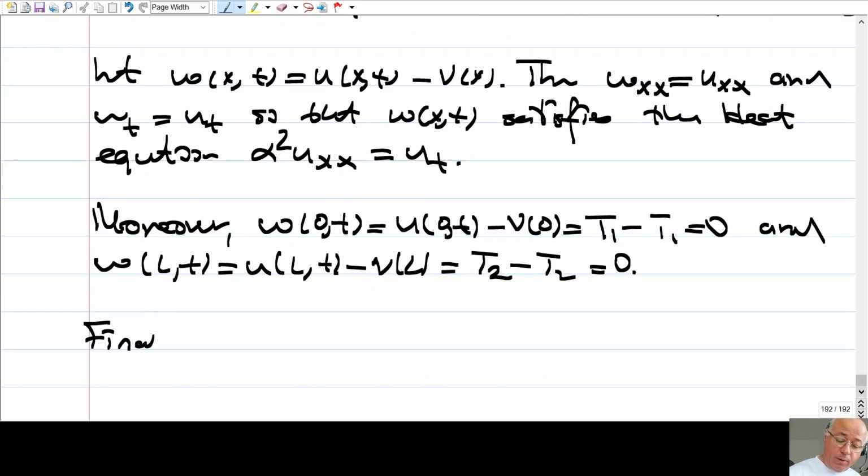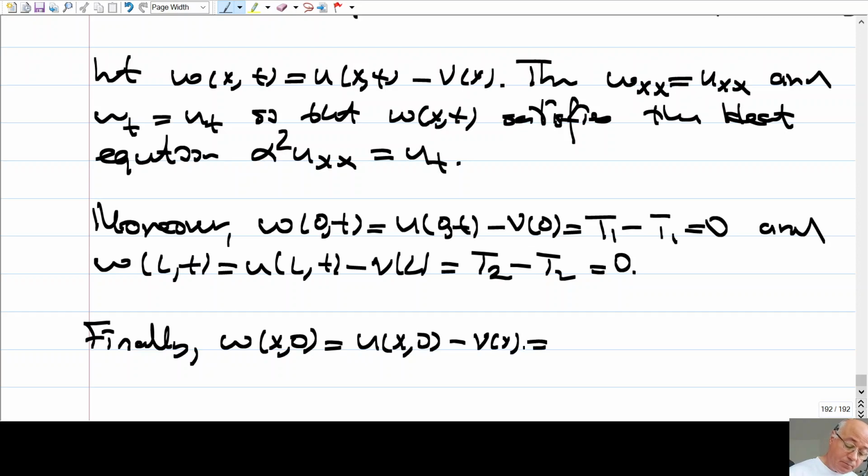Finally, what about the initial temperature distribution? If I plug t equals 0, we get u(x,0) minus v(x). There is no t here. And this is f of x.